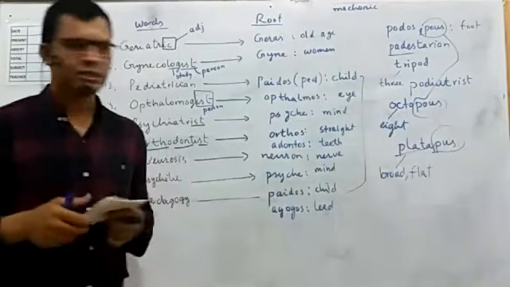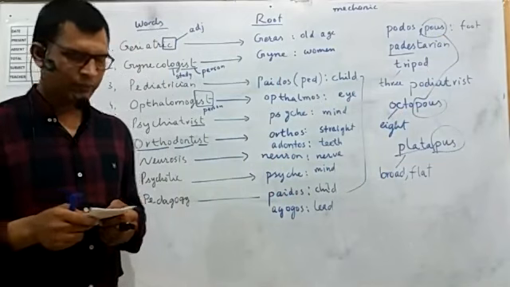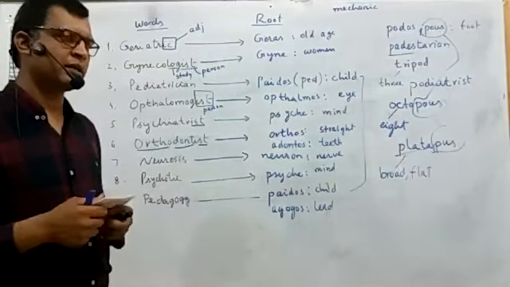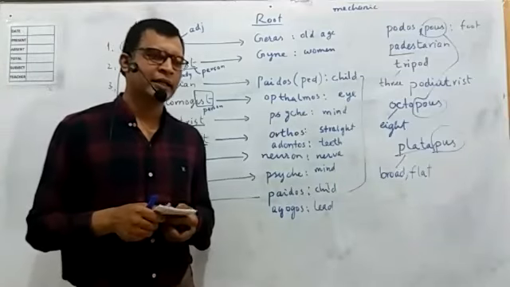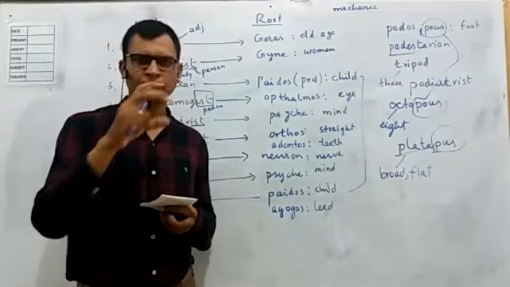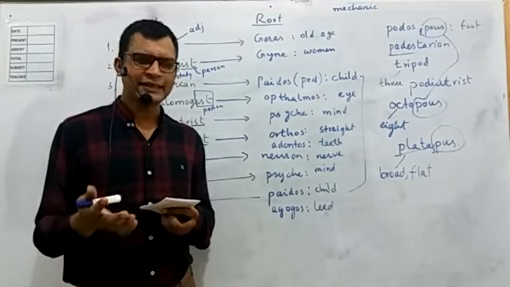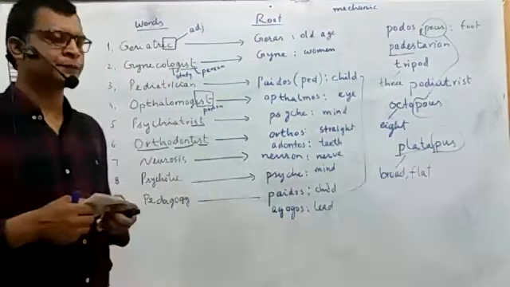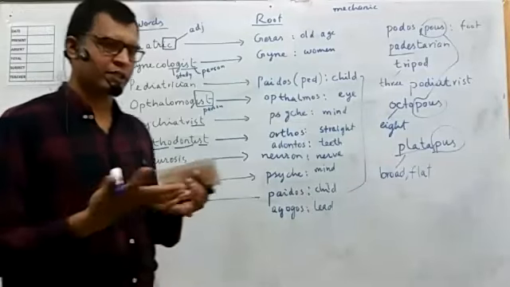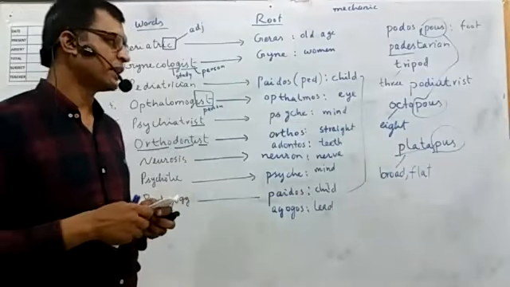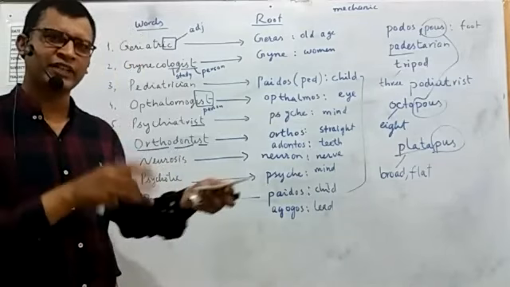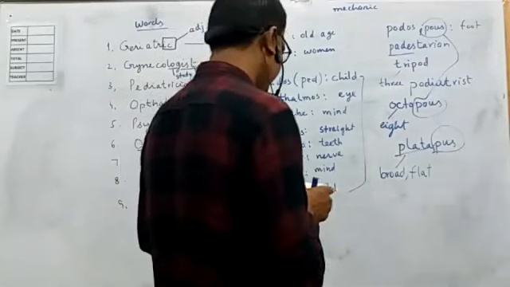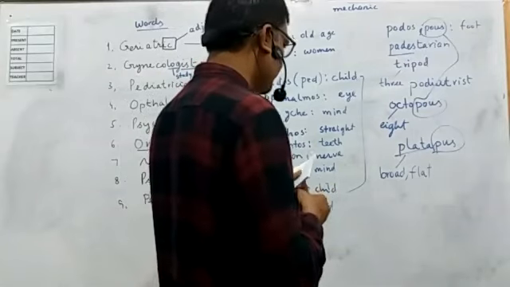And plate is with platis, which is broad and flat. A platypus is an animal that has a long beak, and it has feet which are like the feet of a duck, okay, which are flat feet. So a platypus is an animal with flat feet. Somebody who has flat feet, we may also call that person the same.